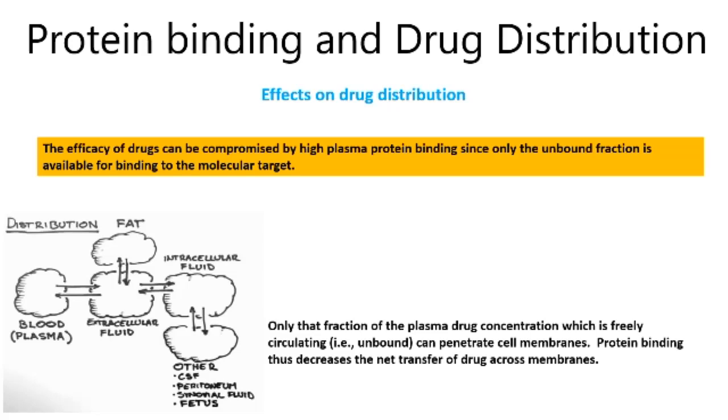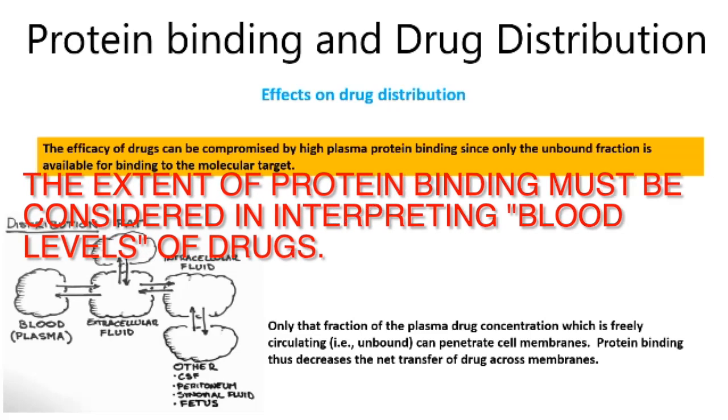However, at equilibrium, when the concentrations of free drug are equal, the total drug concentration in the plasma is usually higher than that in the extravascular fluid. Thus, when interpreting blood levels of a drug, the extent of protein binding must be considered.